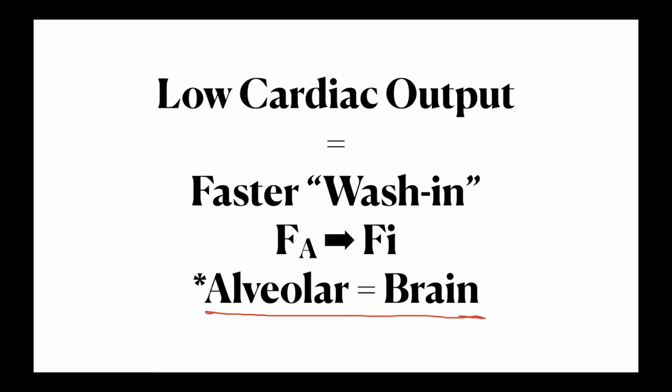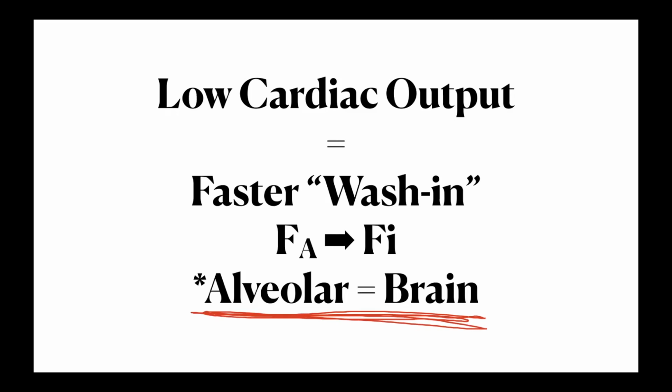Now, the premise of all this is the assumption that your alveolar partial pressure equals your brain partial pressure. And this is really important for you to understand, because it allows you to appreciate the limitations of this assumption.